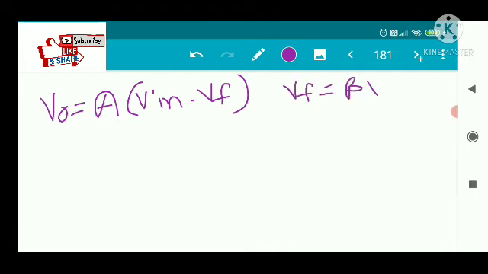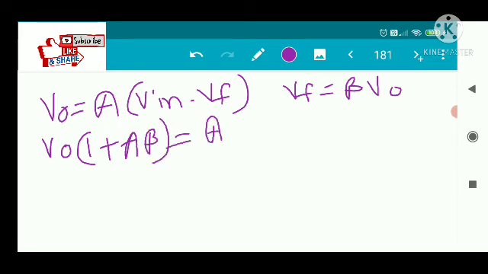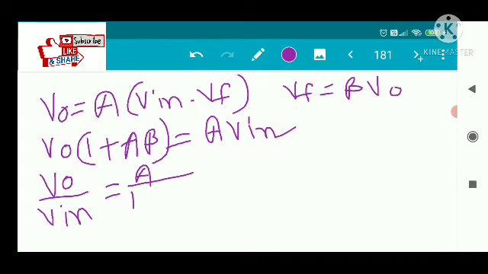So V0 equal to, just get V0 common, 1 plus A beta equal to A V in. So your V0 divided by V in is nothing but A divided by 1 plus A beta.